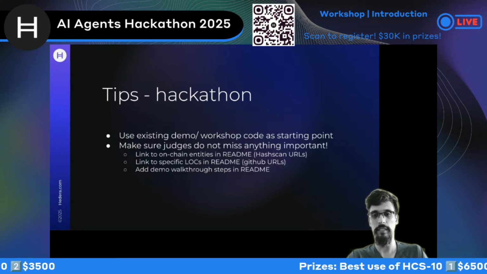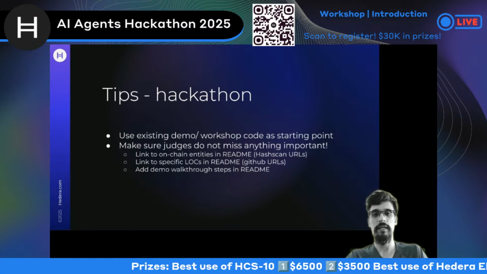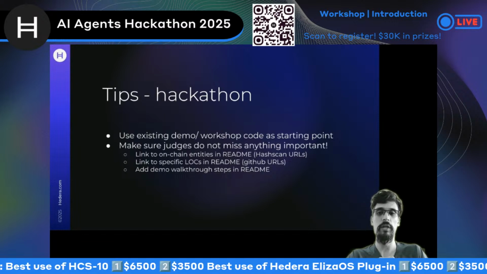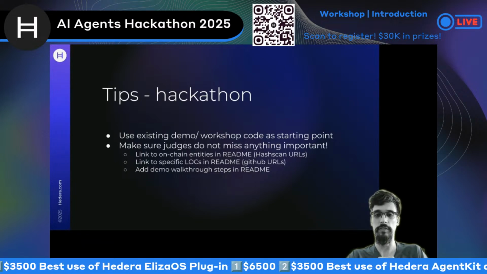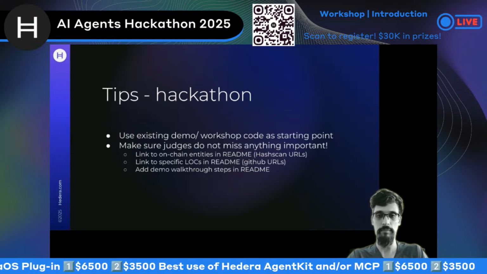Three things in particular, right? First off, create an entities heading and underneath it link to relevant HCS topics, HTS tokens, or HSCS smart contracts with their HashScan URLs so that judges can find your on-chain activity quickly.